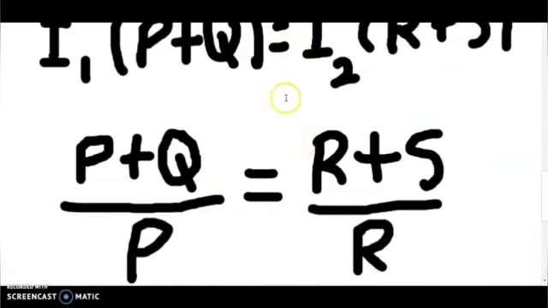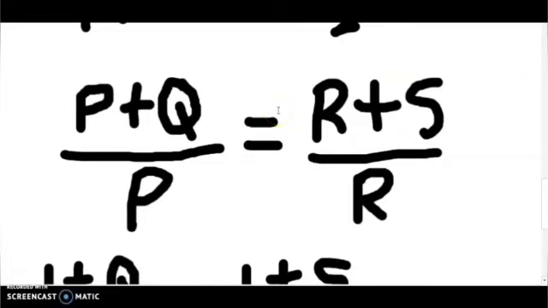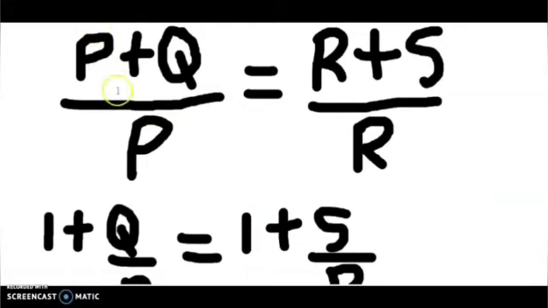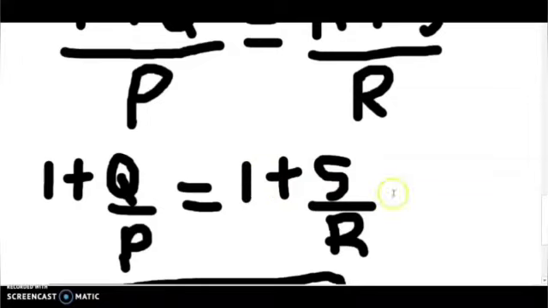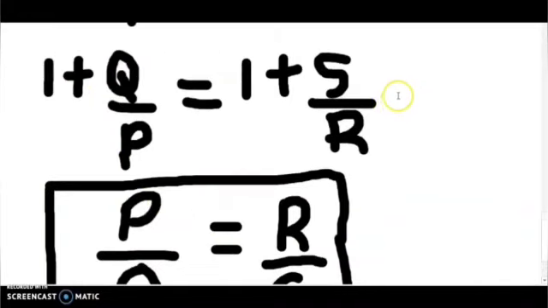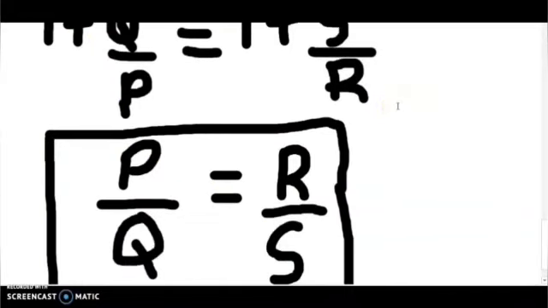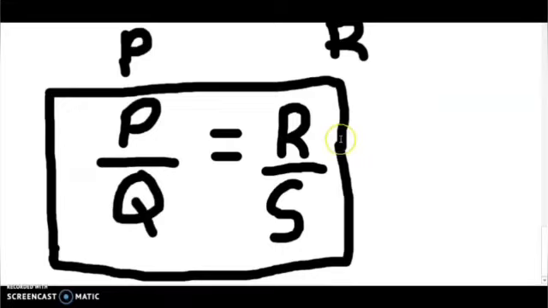Ultimately we get P plus Q divided by P is equal to R plus S divided by R. We can divide the terms separately. P by P is equal to 1, so 1 plus Q by P is equal to R by R, which is 1, plus S by R. 1 and 1 will cancel each other. Q by P is equal to S by R. Now reciprocating this, we get P by Q is equal to R by S. This equation is called the Wheatstone's network equation.